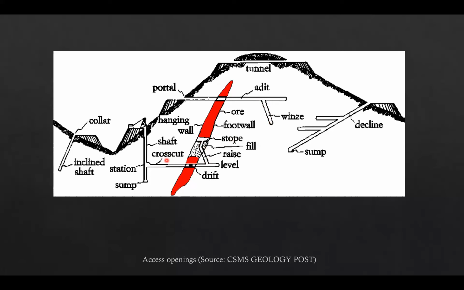And then we have at the last sump, which is a small pond at the end of shaft or decline to collect the water coming into the mine. Drift is left behind. It is also a horizontal opening, but it runs into the ore body.